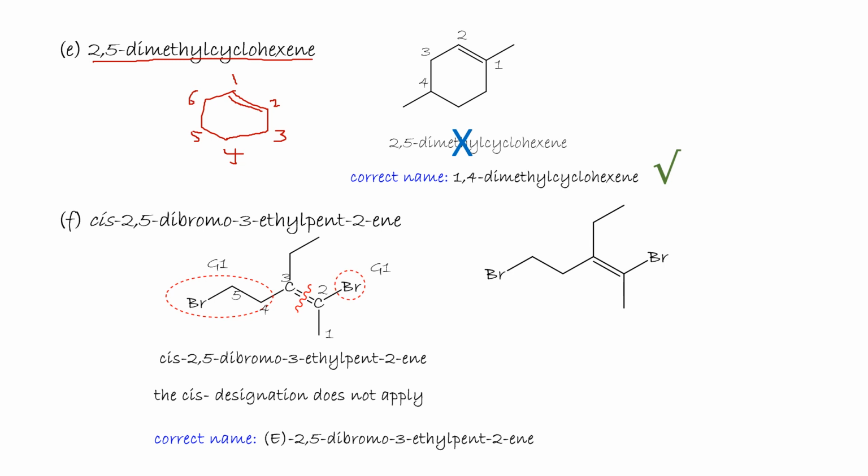It's telling us on 2 have a methyl, on 5 you have a methyl. Of course, this is not the right way to number the ring. The double bond should be 1, 2, shortest number to the substituent. So it will be 1, 4 rather than 2, 5 dimethyl cyclohexene.